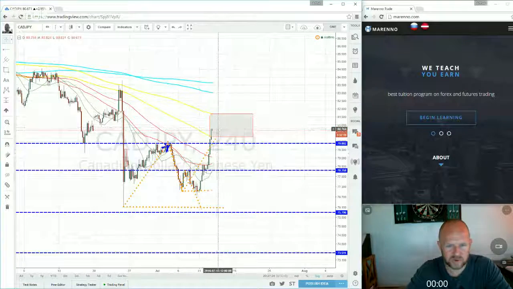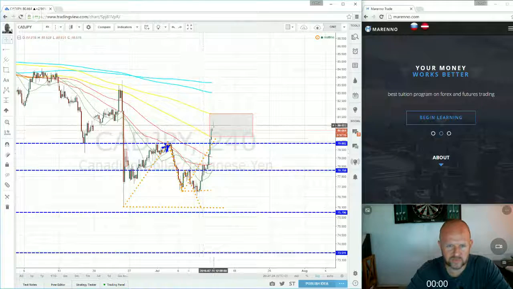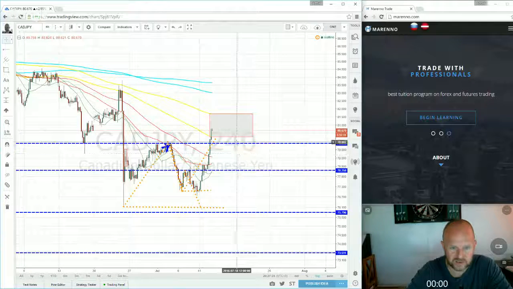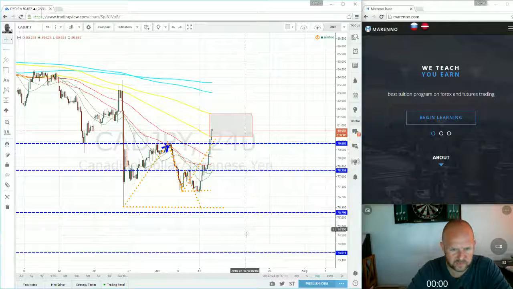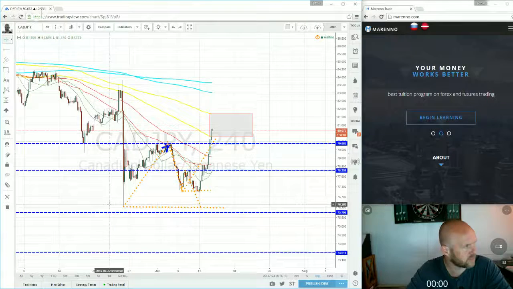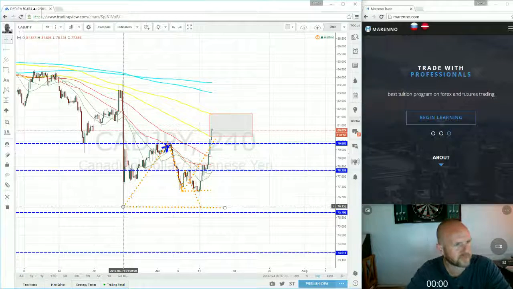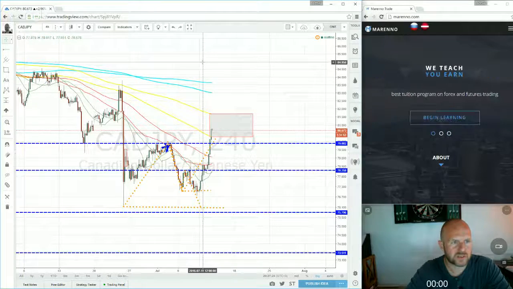I'm waiting for a reversal pattern around this area, 81, below or above, to sell it with a target at 76 at least, to trigger these stop losses that are below this area here, below this low here. So looking to sell it.